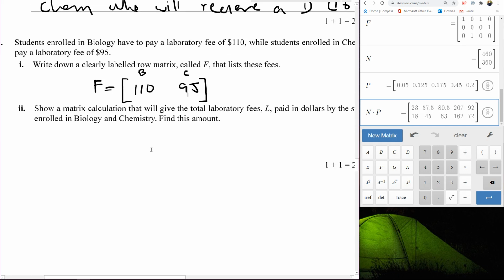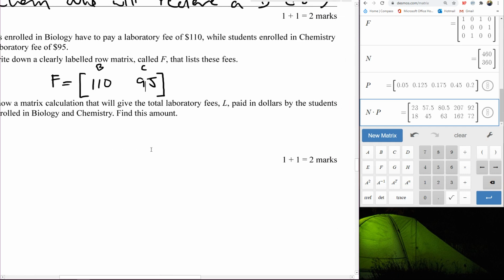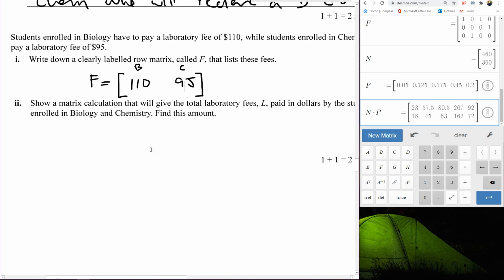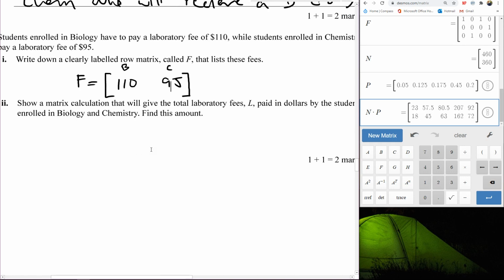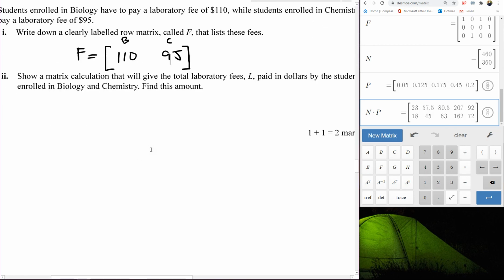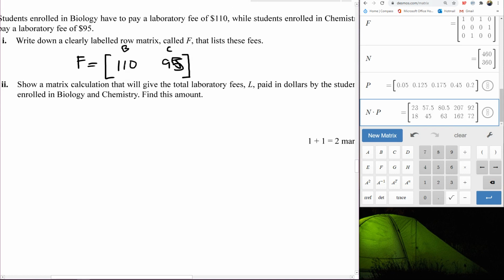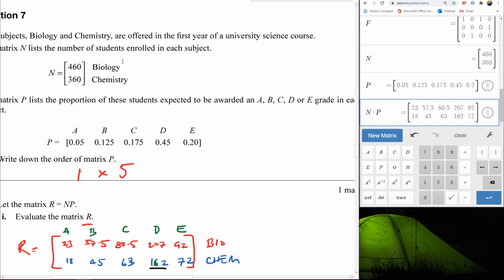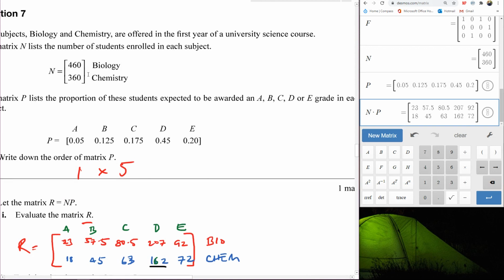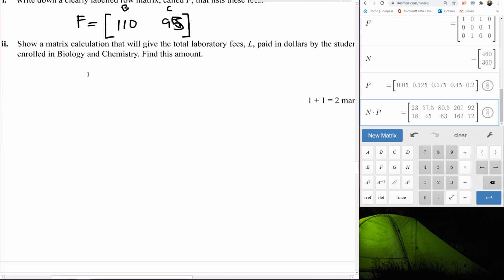Show a matrix calculation that will give the total fees paid in dollars by the students enrolled in both of those subjects. So if matrix F gives you the lab fees for each subject, and matrix N here is the number of students in those subjects, what will the product give us?